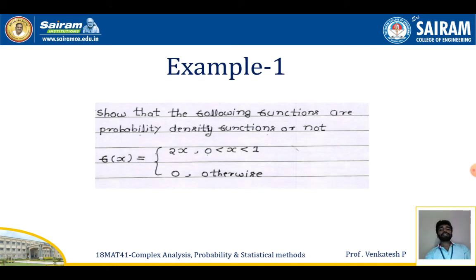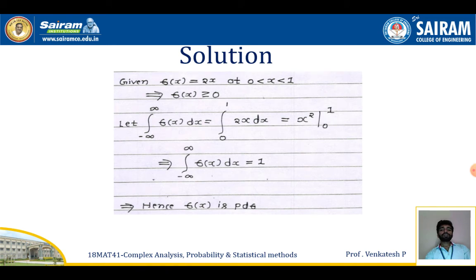One example: show whether the following function is a probability density function or not. The function is f of x equal to 2x, where x ranges from 0 to 1, and it is 0 otherwise. Let's see how to solve this problem.